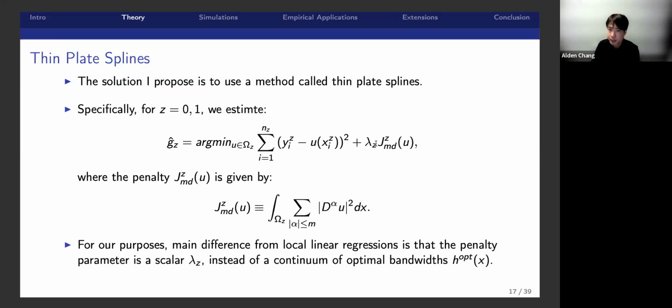Simplicity and feasibility versus, for local linear regressions, having an infinite number of tuning parameters that you can work with. Theoretically, you can certainly do better, but in practice, you may need a lot of data to actually achieve those improvements. Let me think about this.